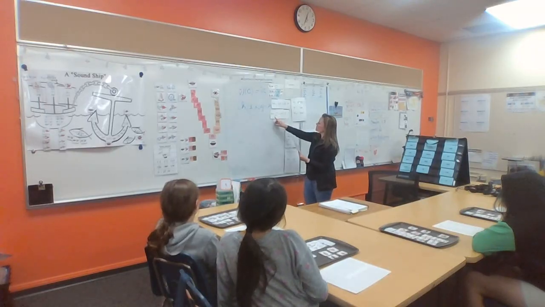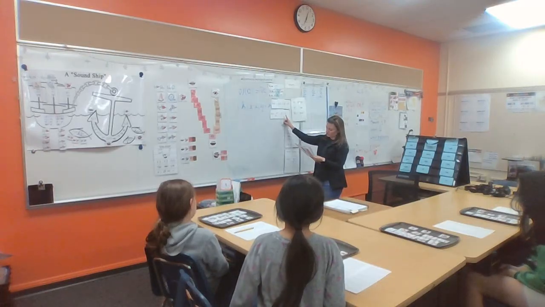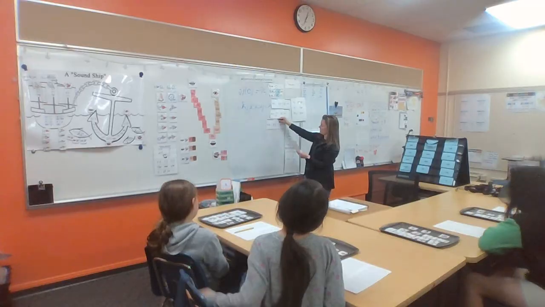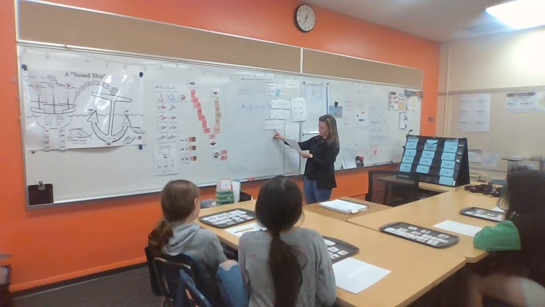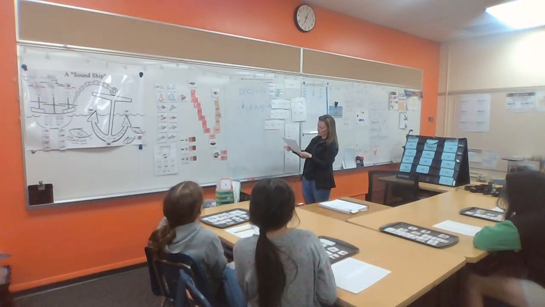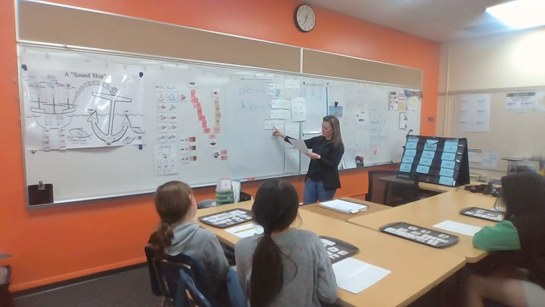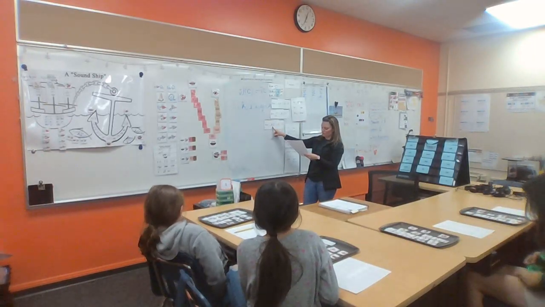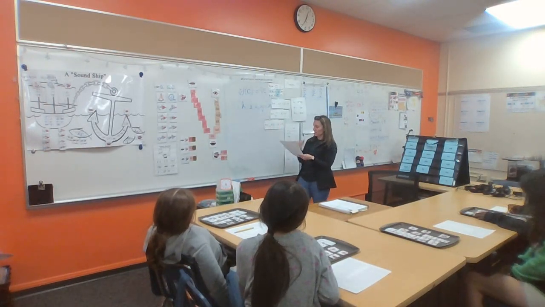If we have a base word that ends in an accented one vowel, one consonant, we have to double the consonant before attaching the vowel suffix.